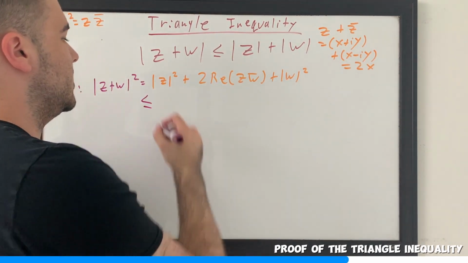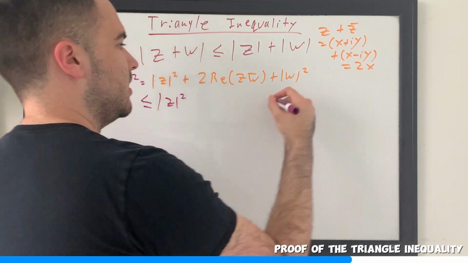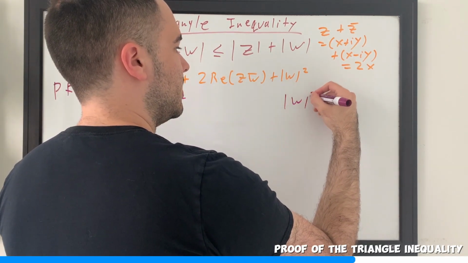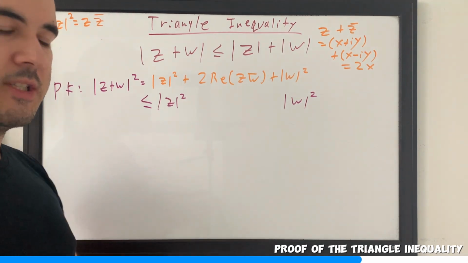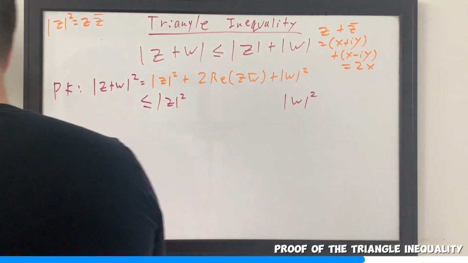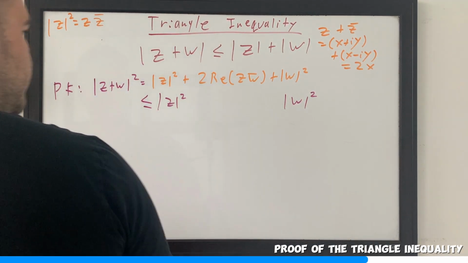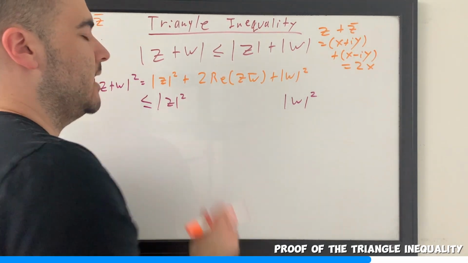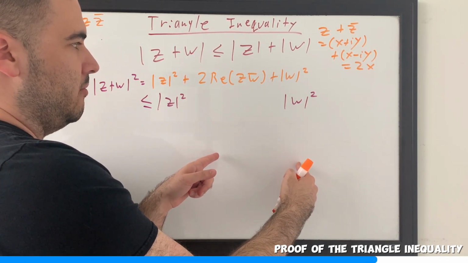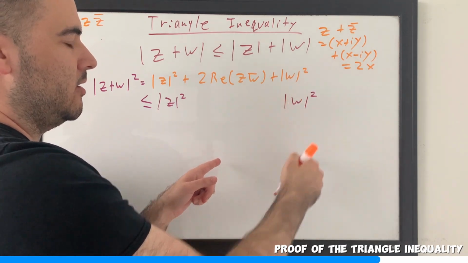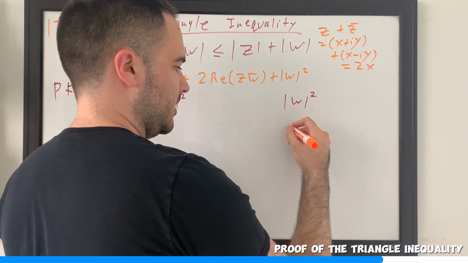So this one is less than or equal to, we're going to keep the modulus squared of z and w the same, and we're going to change the part in the middle. If you just take the real part, it is always less than or equal to the modulus of the whole thing.